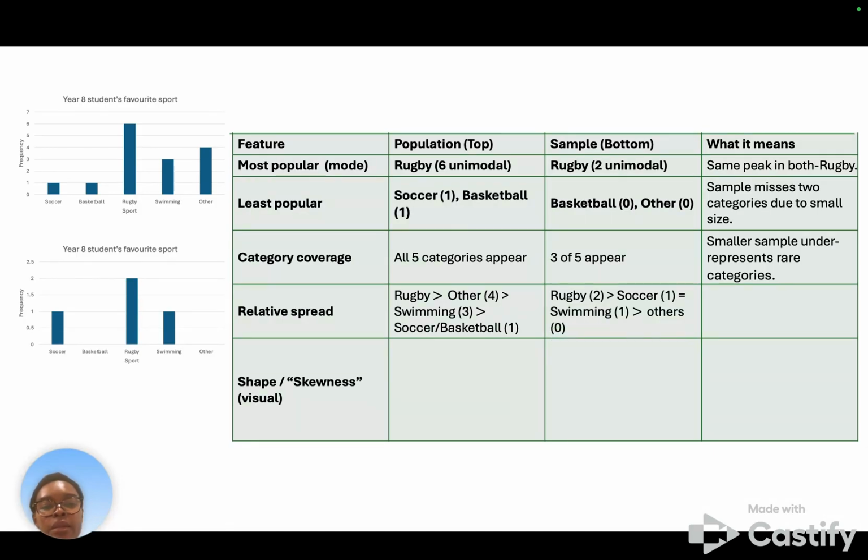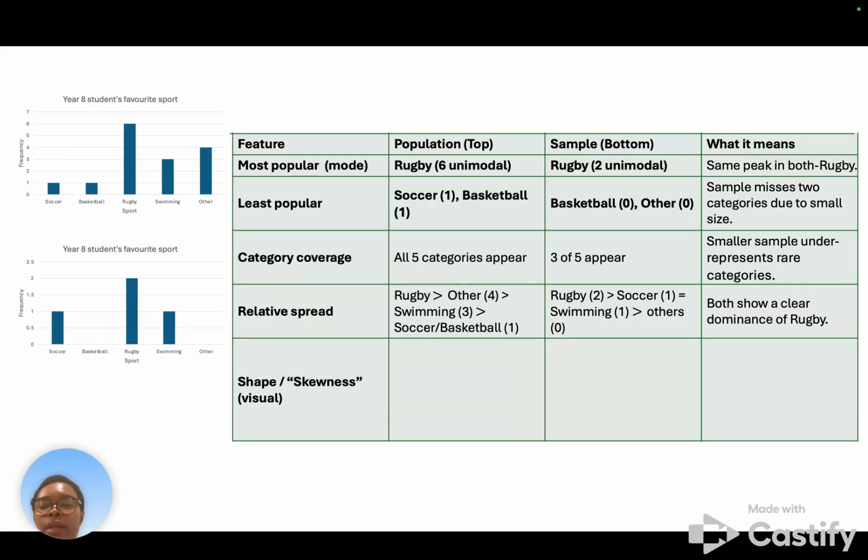Now, what does this mean? So this means that both graphs show a clear dominance of rugby. So rugby dominated as the favorite amongst the students in the top category and also in the sample category.